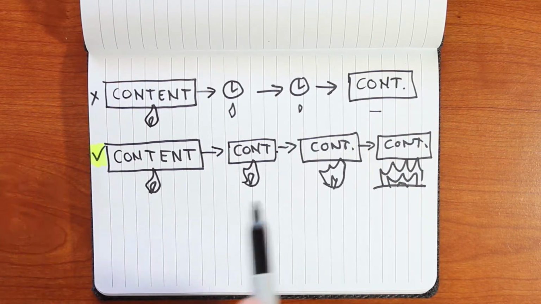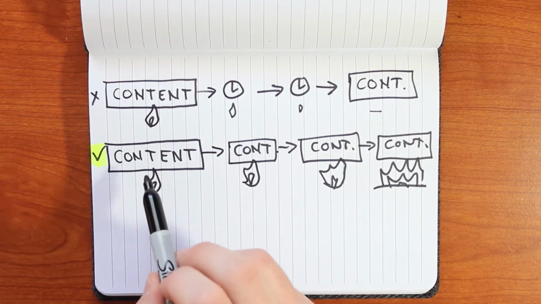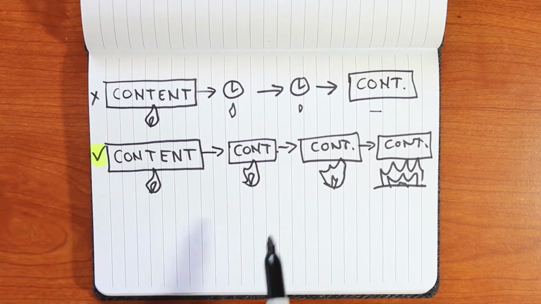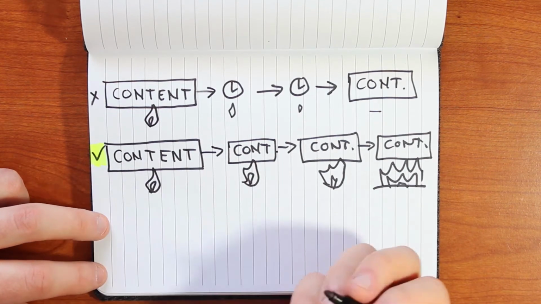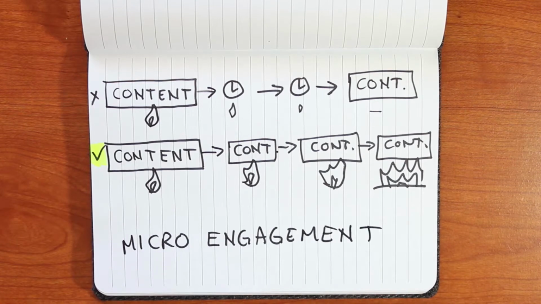If there's a sequence of information that you've developed into a series of content, that's going to provide real incentive. If people find value in this first piece of content, they're going to be highly interested in episode 2. And the reason this works so well is because of this concept called micro-engagement. And I'm going to create a video that talks specifically about that at a later time.